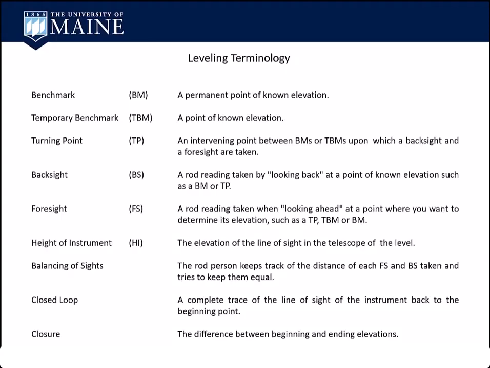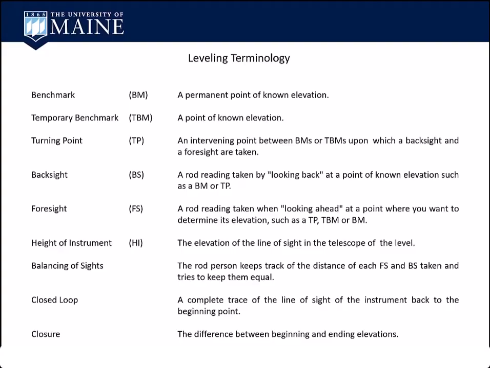A benchmark is a permanent point of known elevation. That's usually primary control. It could perhaps be a DOT or a National Geodetic Survey established benchmark. In that case, it's probably got a published data sheet of some kind at the agency that established it, and that's how control was brought into a lot of sites in the past.